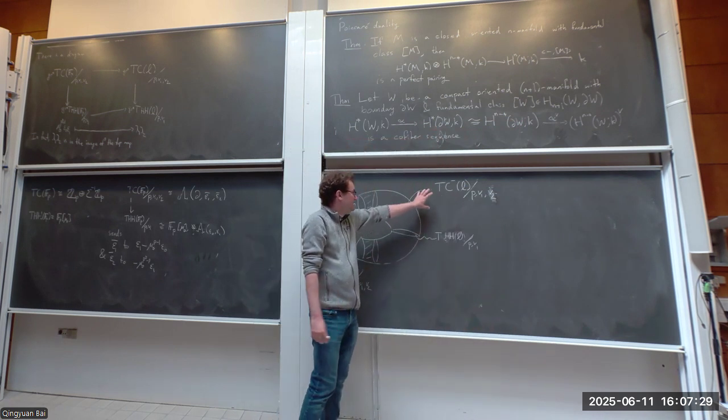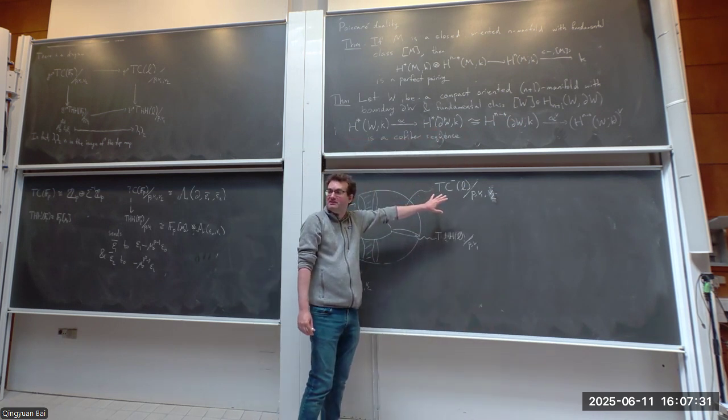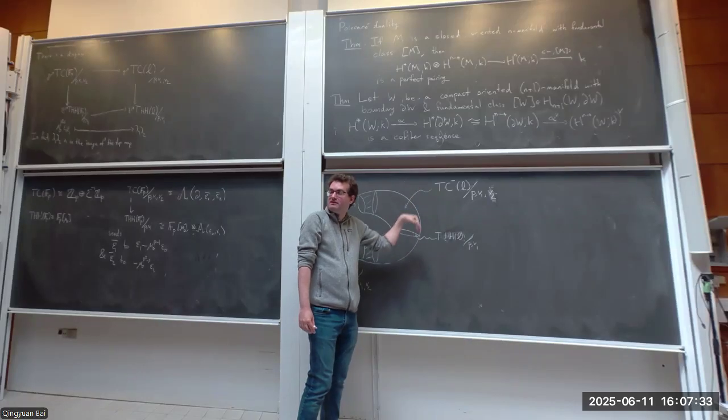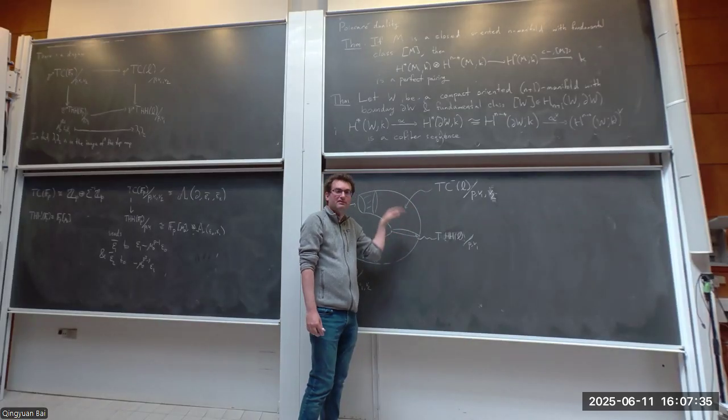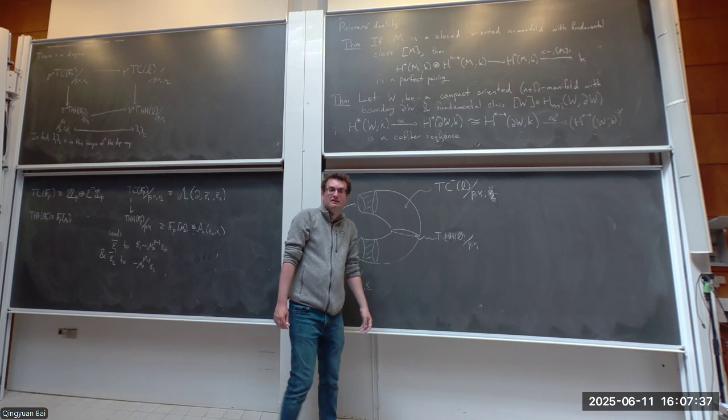So thinking of this TC minus on PV1, P2 as a cylinder. So it's a compact manifold, but it has a boundary.